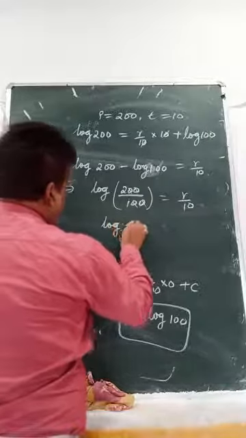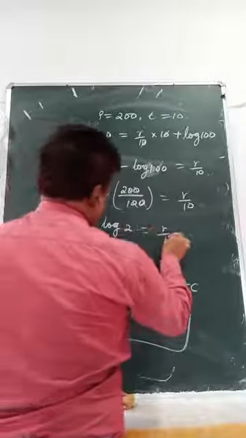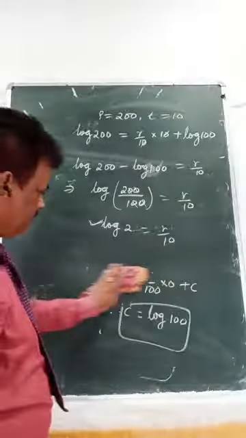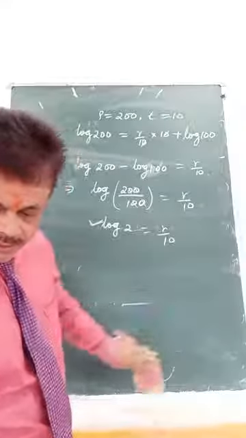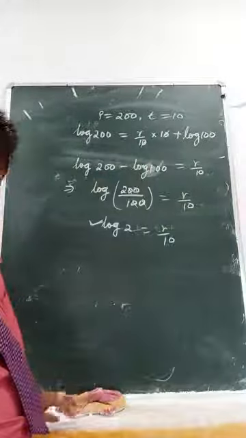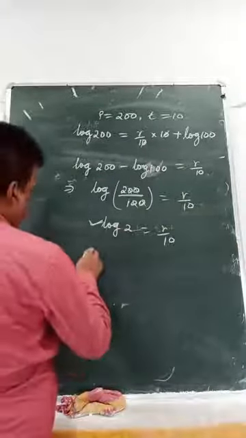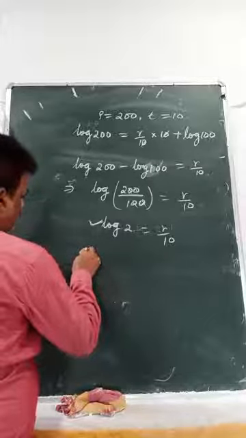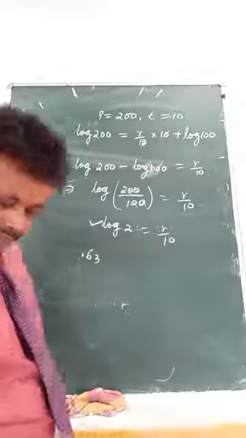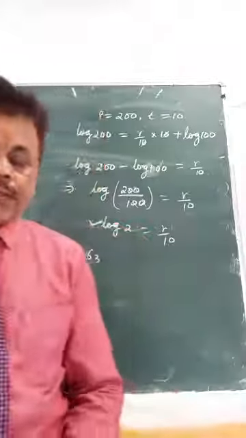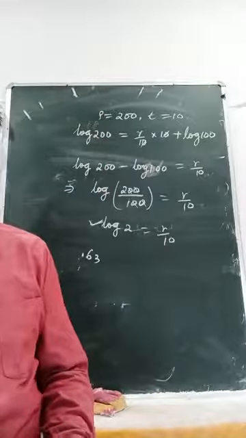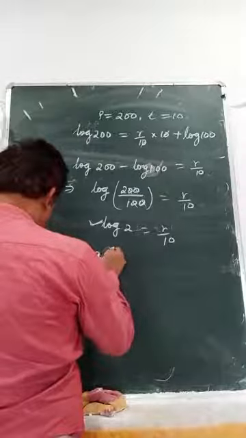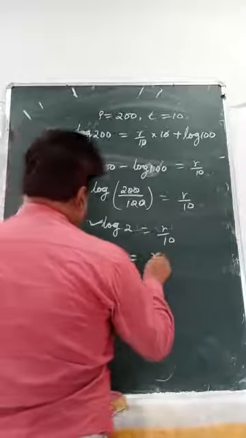Then log 2 equals R by 10. Look at what log 2 is given to you. So log 2 is 0.6931. So 0.6931 equals R by 10.